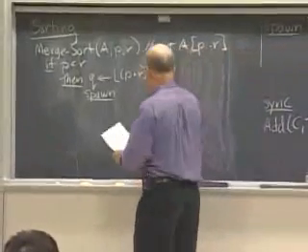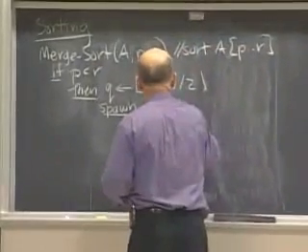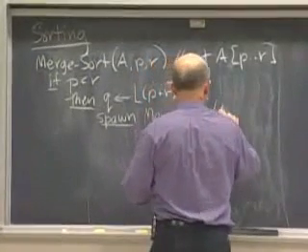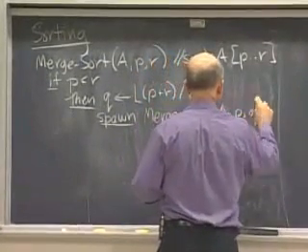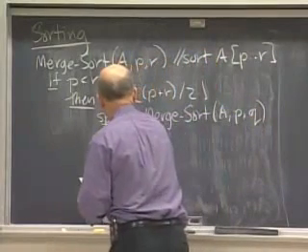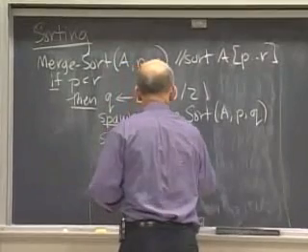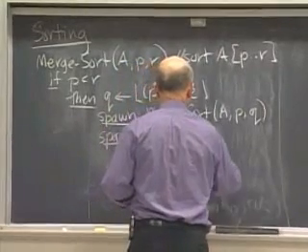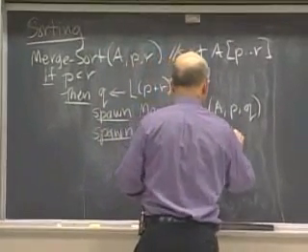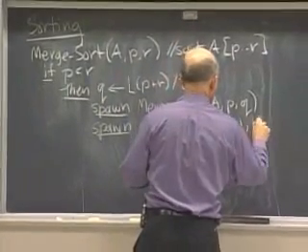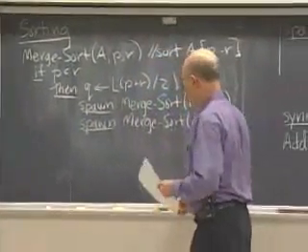There's no reason not to do those in parallel. Let's just do them in parallel. We'll spawn off merge sort of A, P, Q, and spawn off merge sort of A, Q plus 1, R.